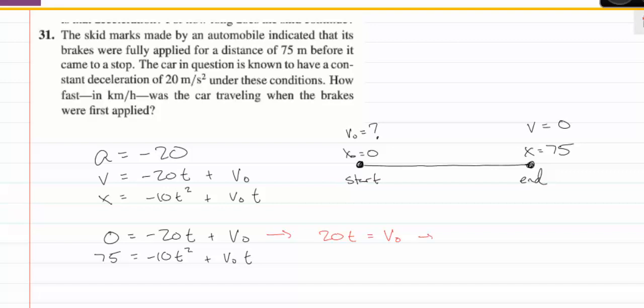So that means t is 1/20th of v naught. We can then plug that into the second equation, and we'll have 75 is equal to negative 10t squared plus v naught t.